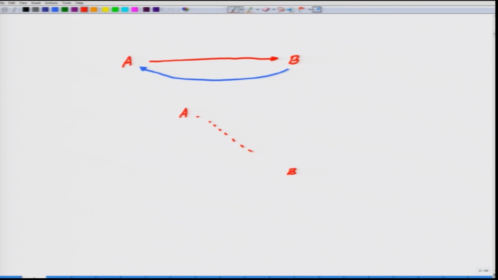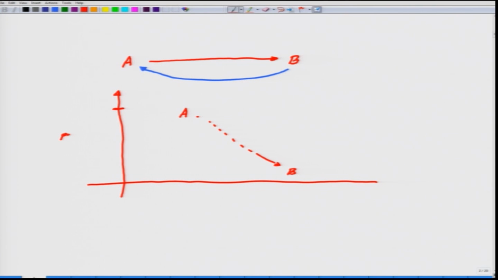So if I map it on an axis, this has to sit at a higher potential as compared to where B is sitting. This is A, this is B, right. And this is the path of charge flowing down.